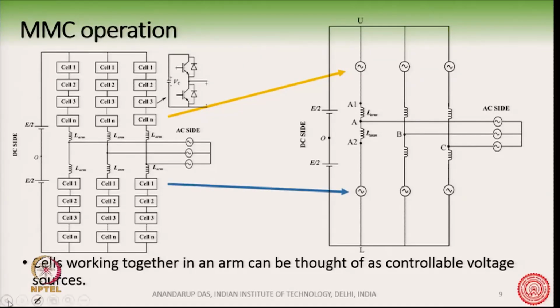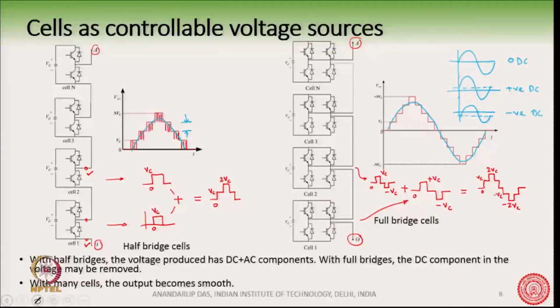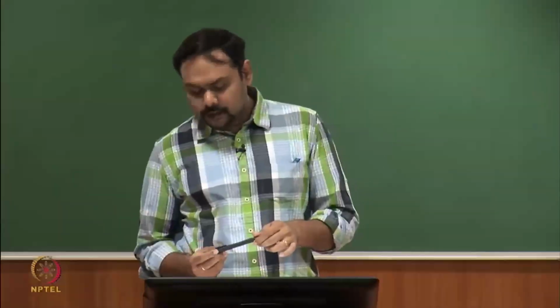are just like the previous; we can say that these arm voltages can be assumed to be a controllable voltage source. Depending on how you place the cells, how you place the waveforms, we are basically generating controllable voltage sources. So, the arm voltage is a controllable voltage source, and the control algorithm will decide what type of controllable voltage source we are producing.